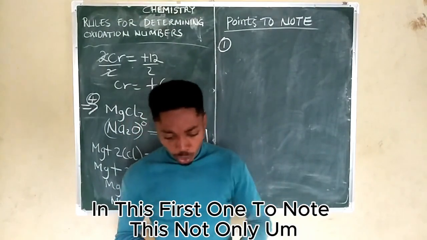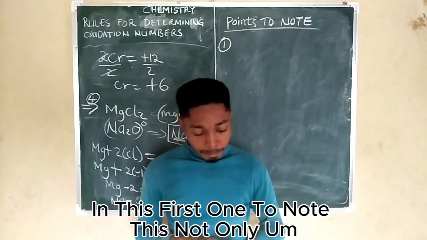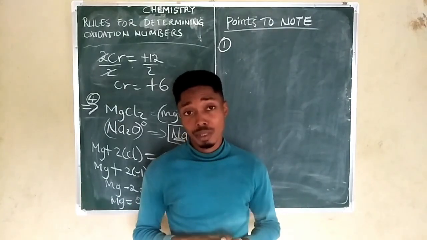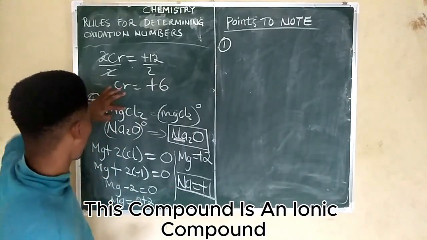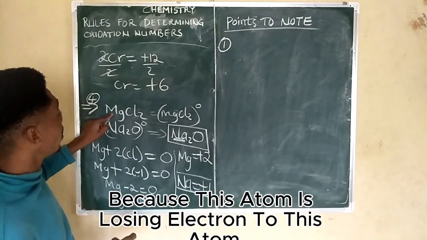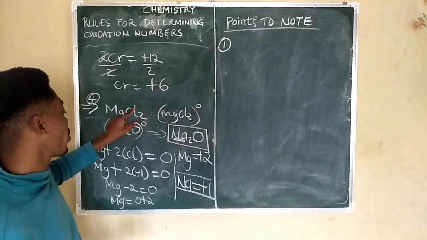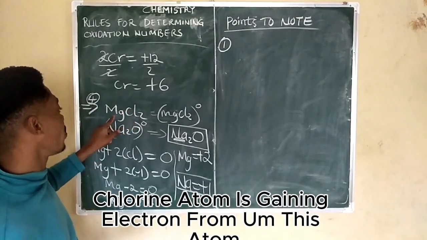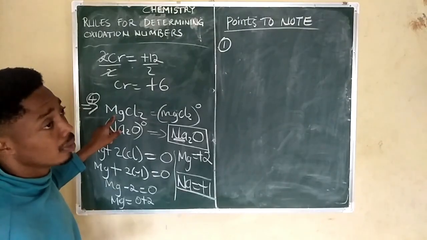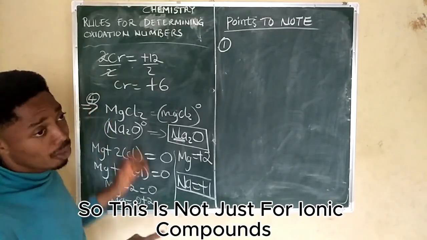In this first point of note, this is not only for ionic compounds. This compound is an ionic compound because this atom is losing electron to this atom, and this atom, the chlorine atom, is gaining electron from this atom. So this is not just for ionic compounds.